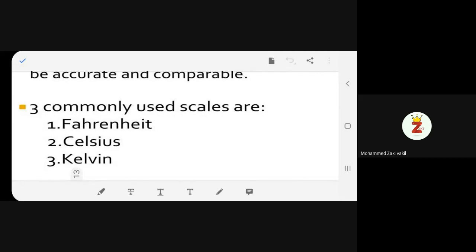Is it you, Zohair? No, ma'am. Mohammed Zaki Wakil. Okay, Mohammed Zaki Wakil, you are doing good. Increase your speed a bit and no repetition. These are the two things that you have to take care of, and then you will be a very good speaker.